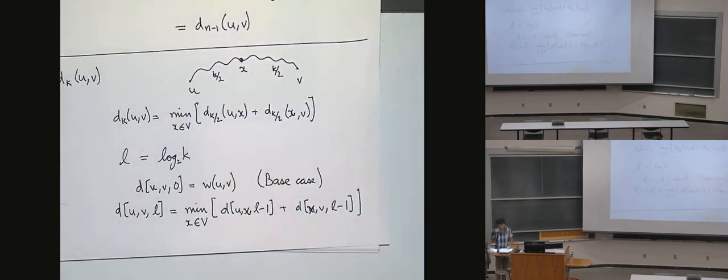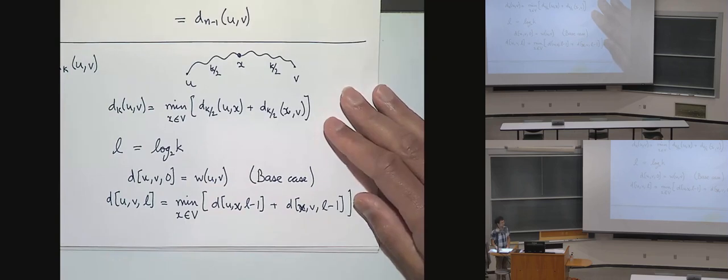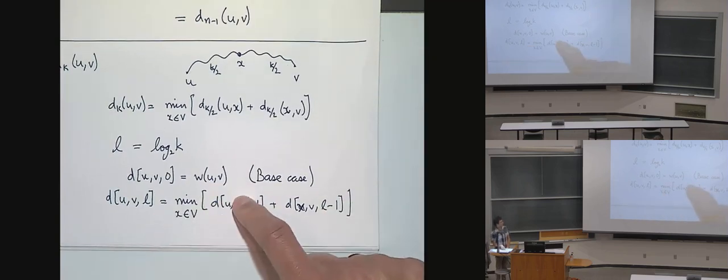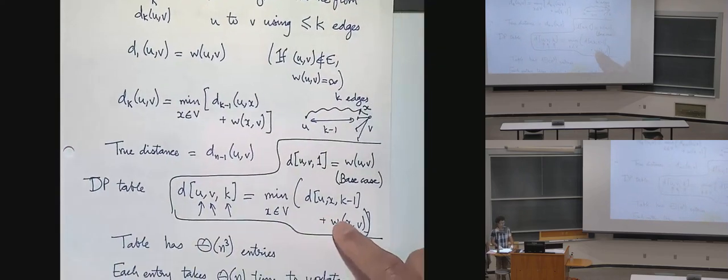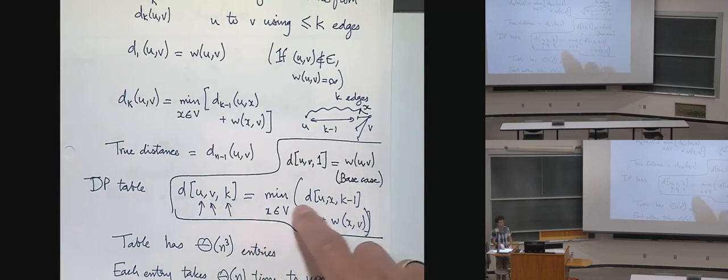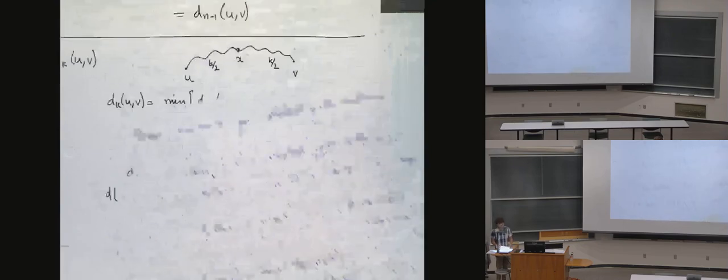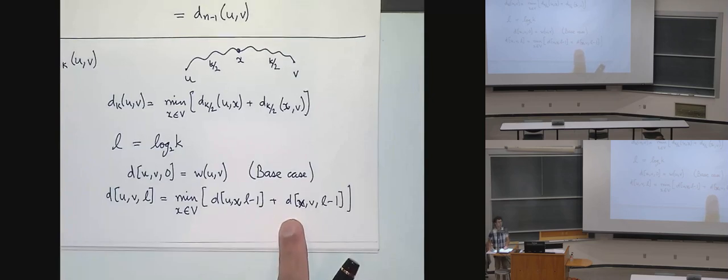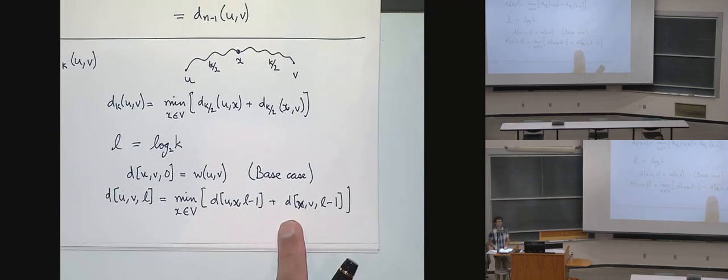Yeah? Okay. So this recurrence here, it's just a small change. If you look at the difference between this recurrence and the previous one, there you're adding k minus 1 in weight, and here it says you're doing d_ux^(L-1) and d_xv^(L-1). Okay?